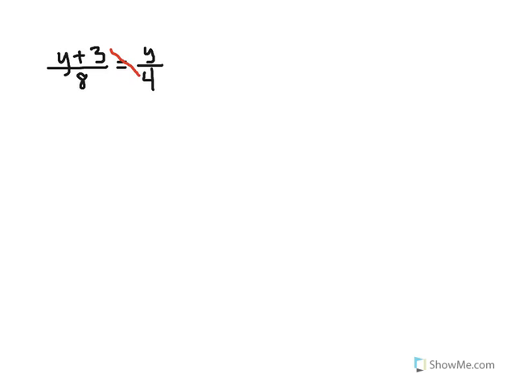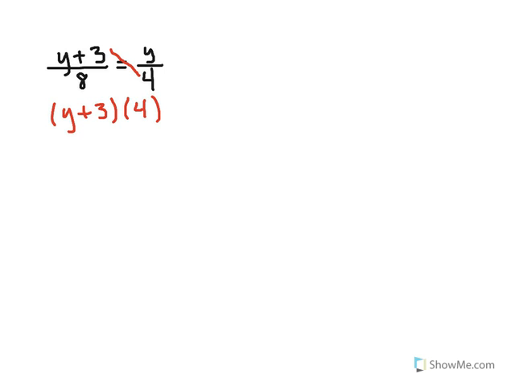Now, when you write this out, make sure that you use your grouping symbols, your parentheses, because y plus 3 I can write like this, times 4 I can write like this. So if you observe this, notice that the y and the 3 individually are being multiplied by 4. That's the distributive property. So you want to be really careful about doing that.